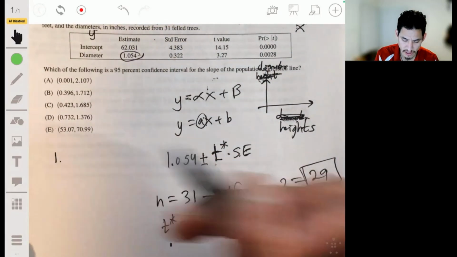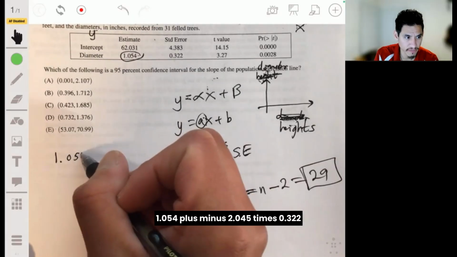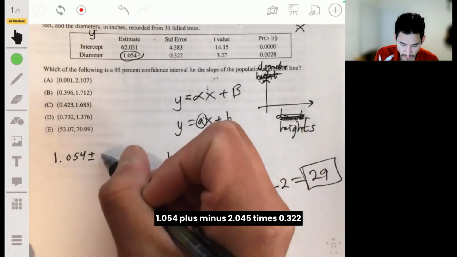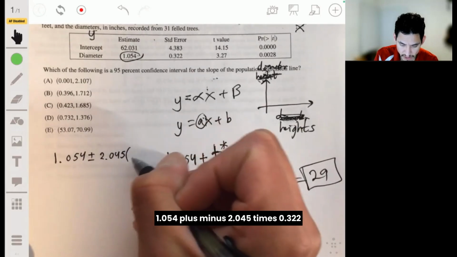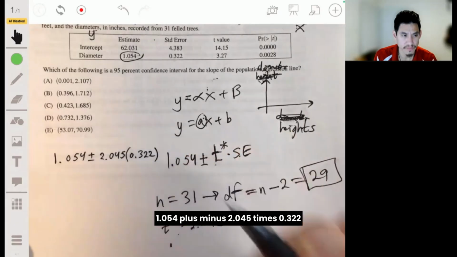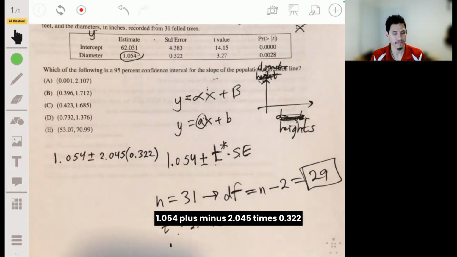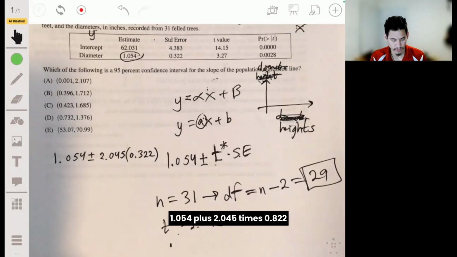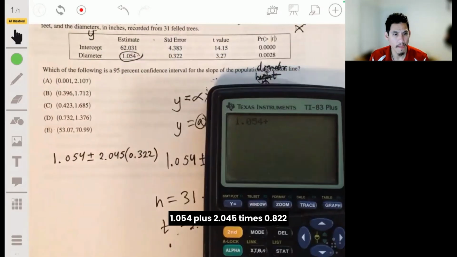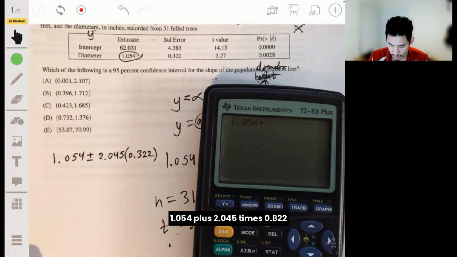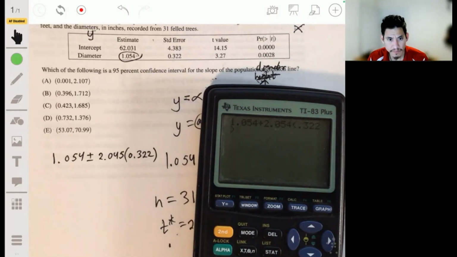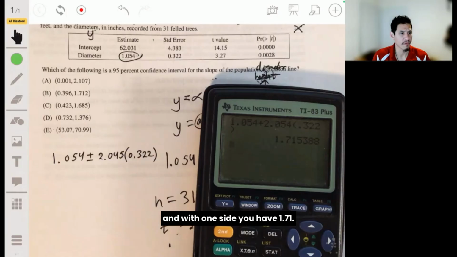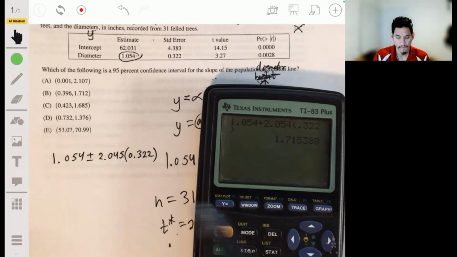So overall, we're going to have the form, let me write it up here. 1.054 plus minus 2.045 times 0.322. 1.054 plus 2.045 times 0.322. And with one side, you have 1.71.